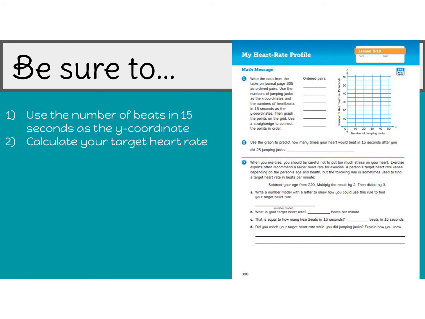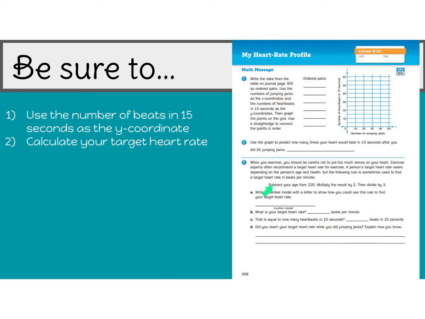So you should have completed this math message portion of page 308, and now you're ready to take a look at number 3 here. It says, when you exercise, you should be careful not to put too much stress on your heart. Exercise experts often recommend a target heart rate for exercise. A person's target heart rate varies depending on the person's age and health, but the following rule is sometimes used to find a target heart rate in beats per minute.